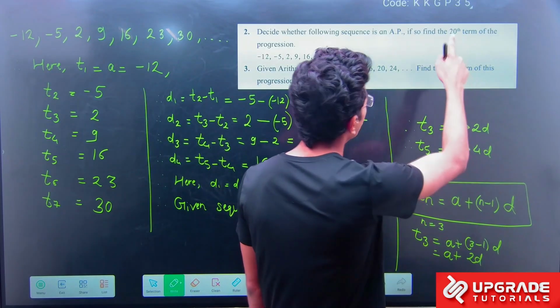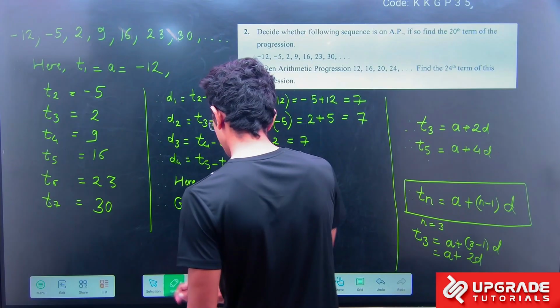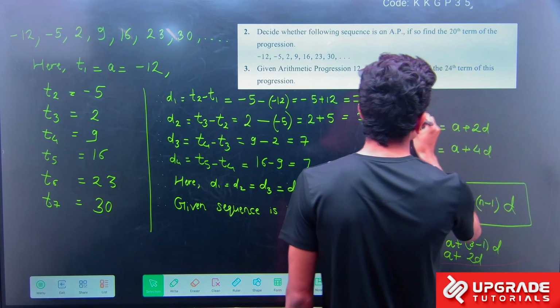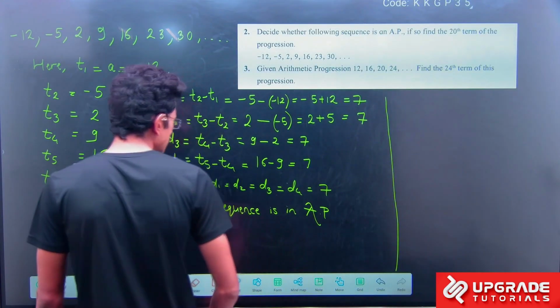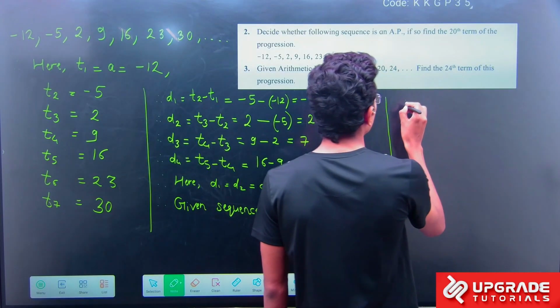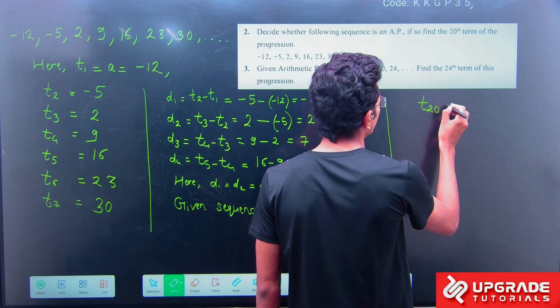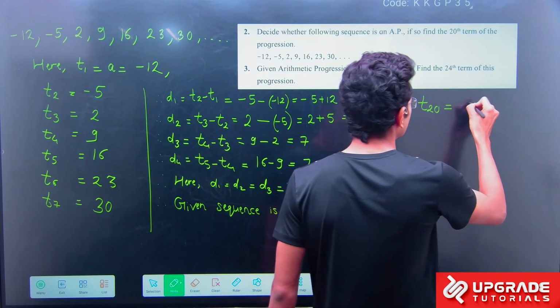So here they have asked us for the 20th term. Just let us find out what the 20th term is. Therefore, T20 will be nothing but A plus 19D.